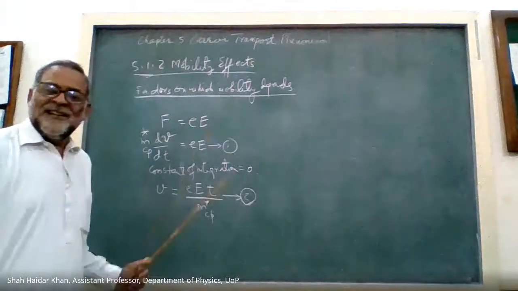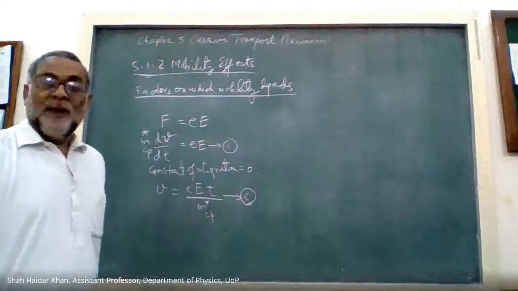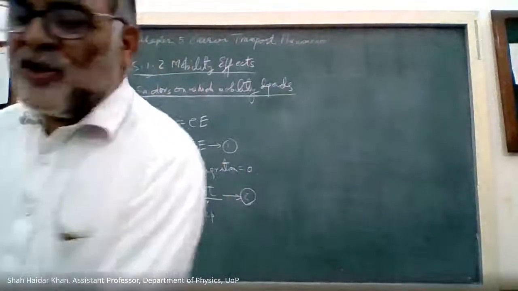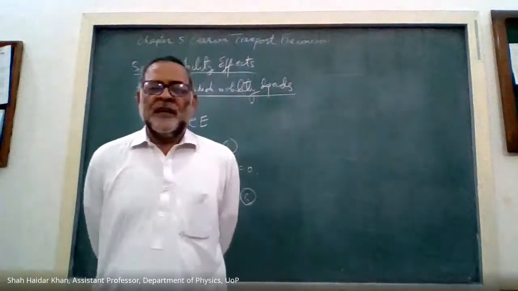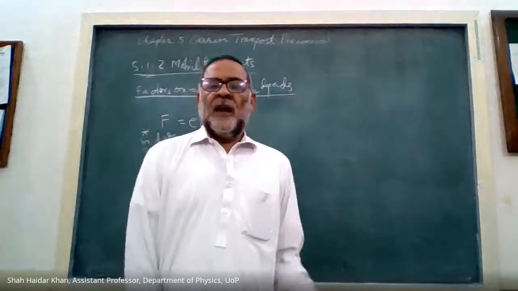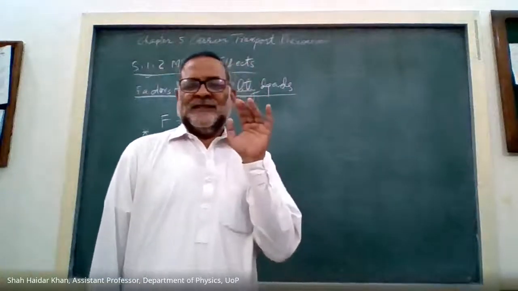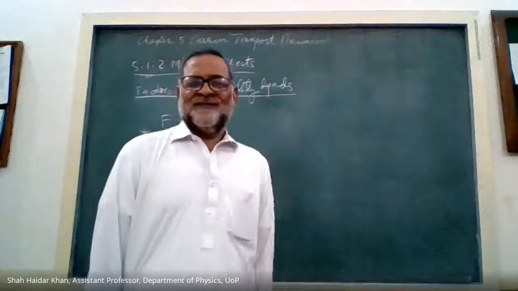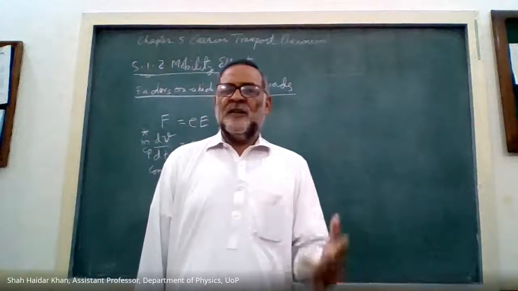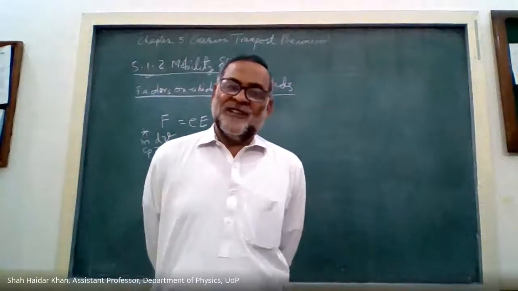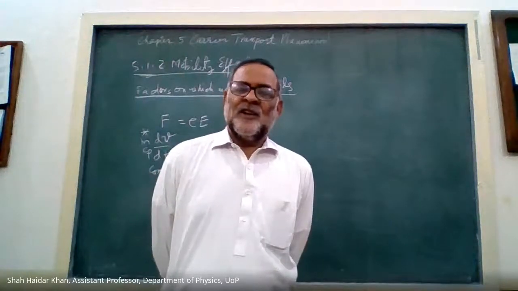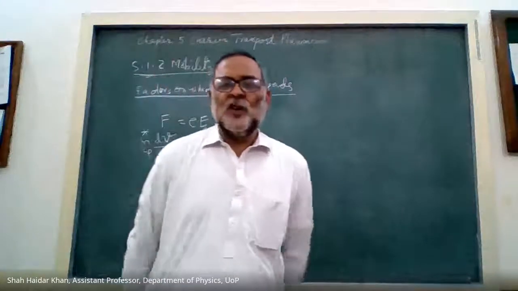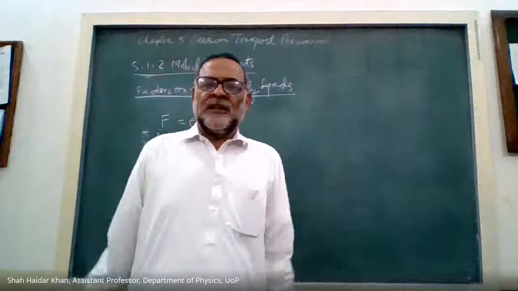So it should increase with time, but the electrons or holes are not all alone. They are moving in a sea. So there will be hurdles to the motion. There will be collisions, right? So the velocity of electrons or holes cannot increase indefinitely.